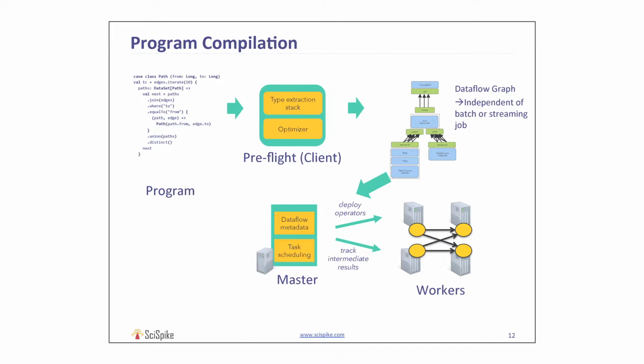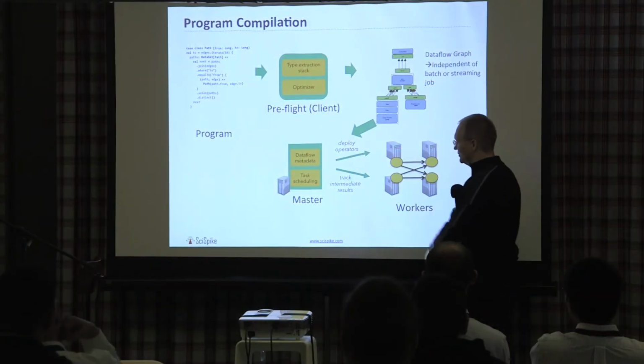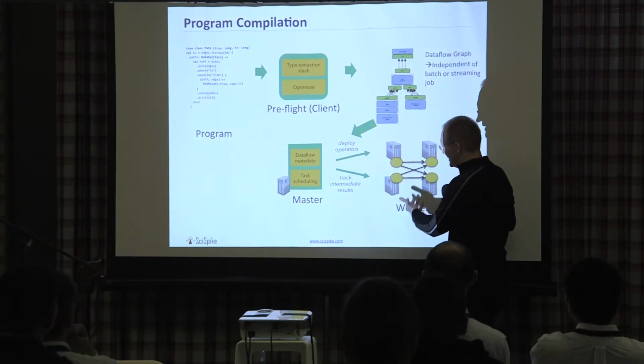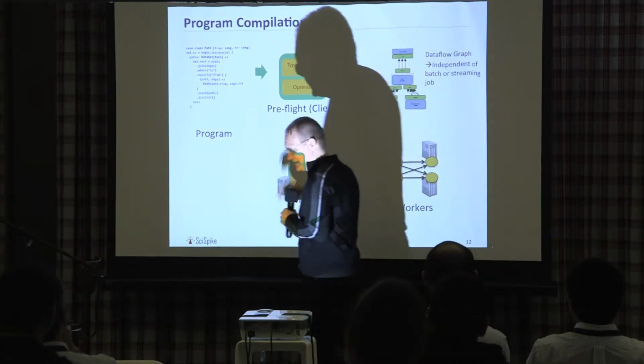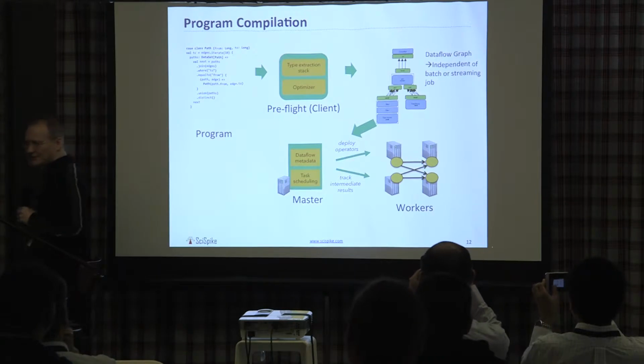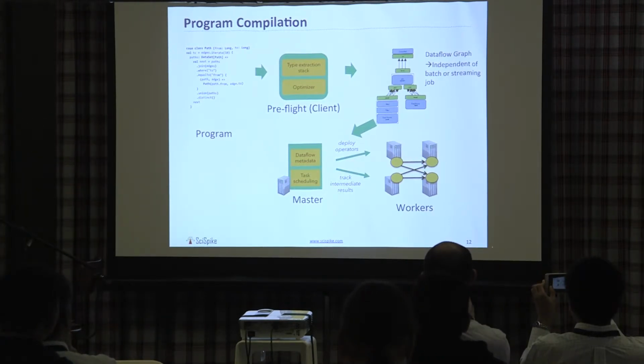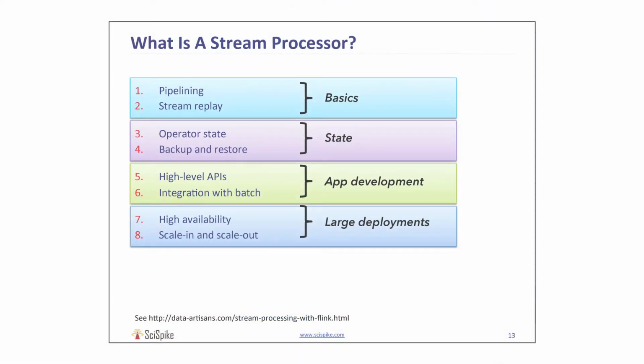So the system can choose the right path of execution. And then eventually you will deploy that on your cluster that consists of a master and the workers. This ability to optimize things is, for me, quite interesting because we don't need to spend too much time fine-tuning and optimizing the system on our own.